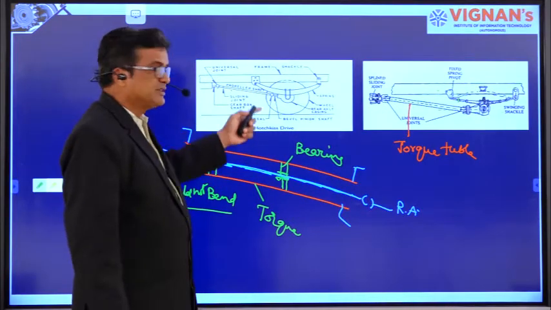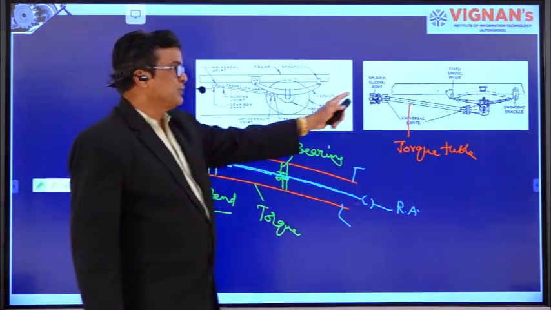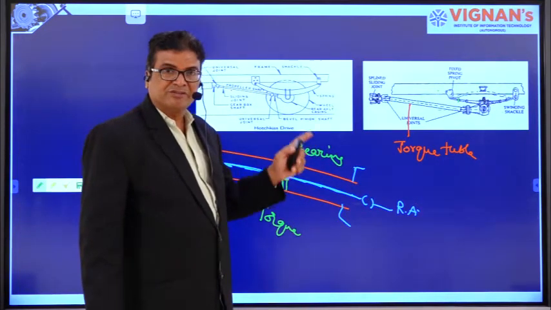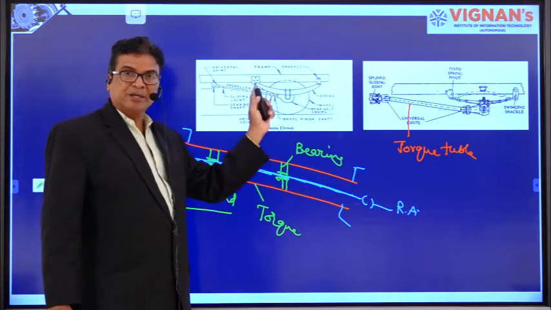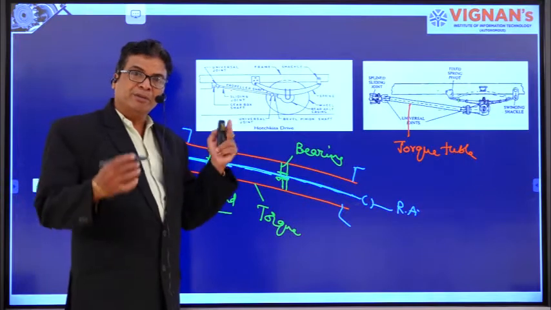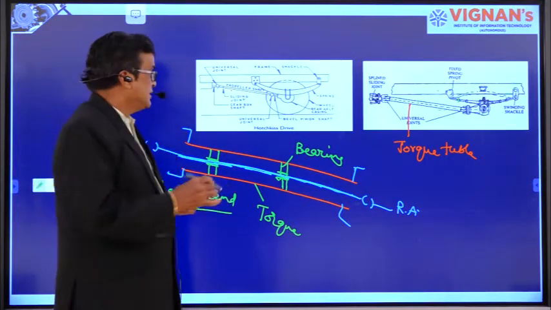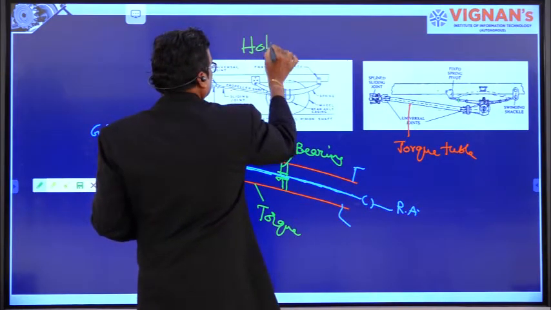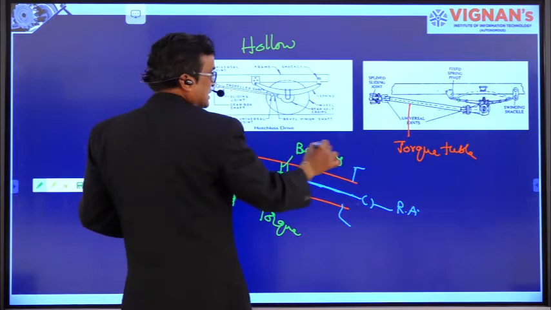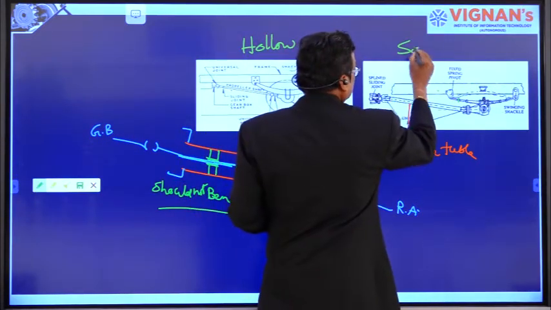Here the propeller shaft is fixed to the universal joint in both cases. The propeller shaft is fixed between the gearbox and the differential by means of two universal joints in both cases. The difference is, in the Hotchkiss drive, a hollow propeller shaft is used. In the torque tube drive, a solid propeller shaft is used.